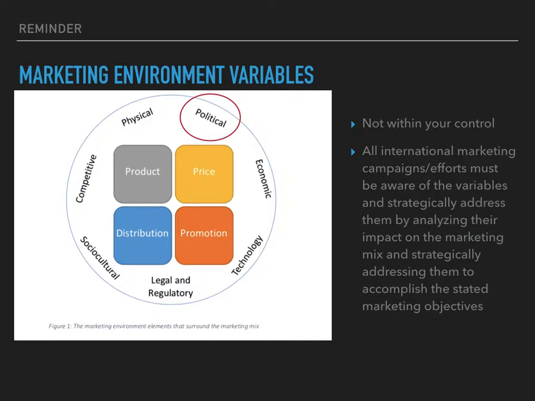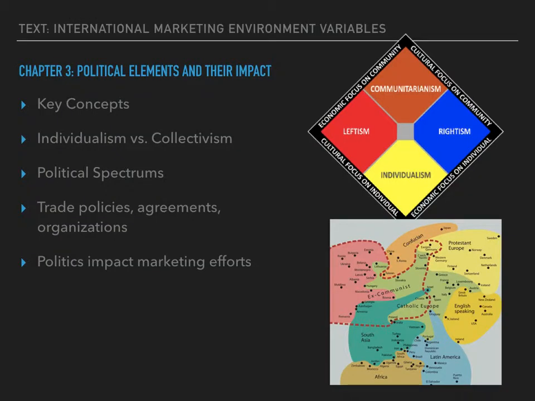This week we will look at political systems. The key concepts from Chapter 3, Political Elements and Their Impact, are about understanding the nature of the different political systems that are prevalent throughout the world.